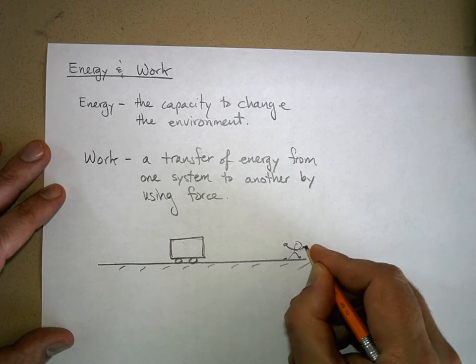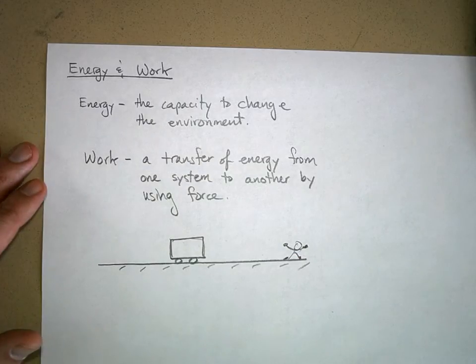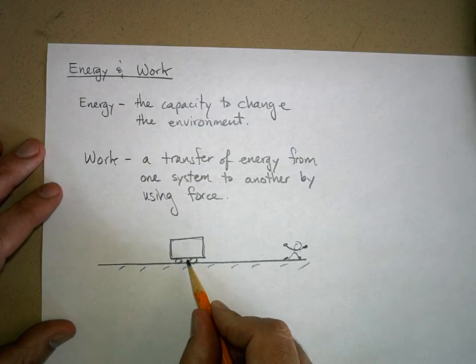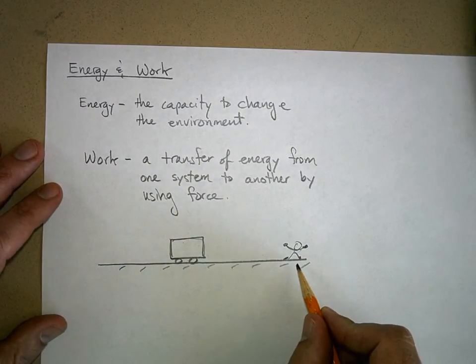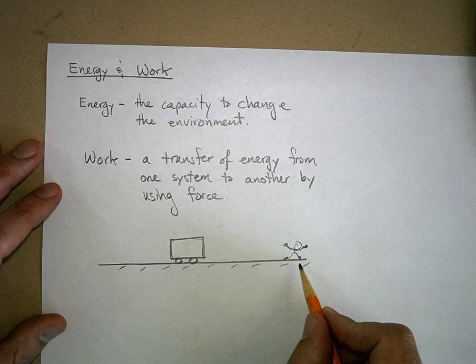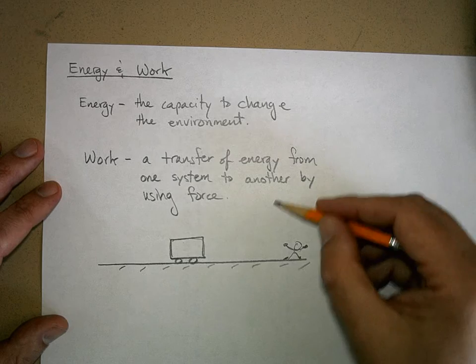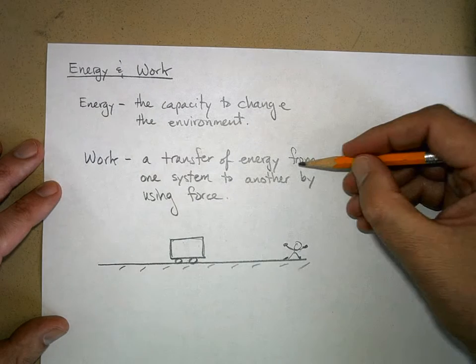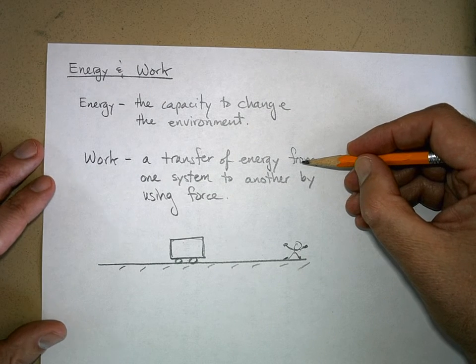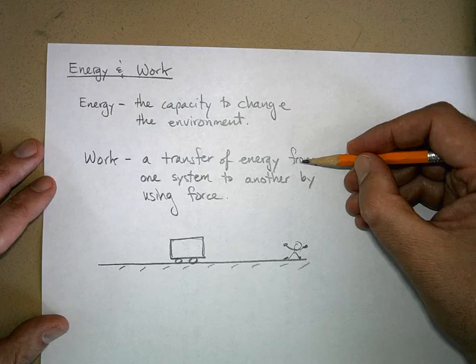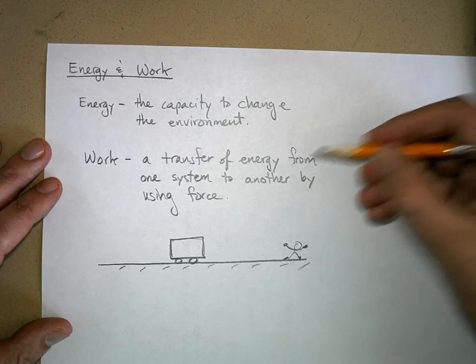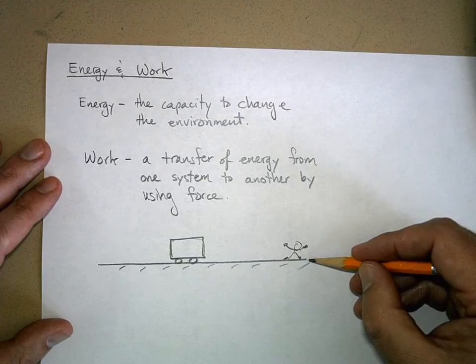This crate cannot affect any change to this child yet because it's not moving. If I lifted it up with a crane and put it over the head of this child, yes, now I could say this crate could affect change on the child. We cut the cable and, well, this is a terrible story.